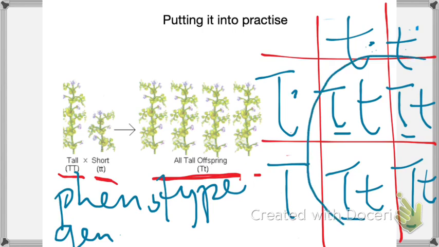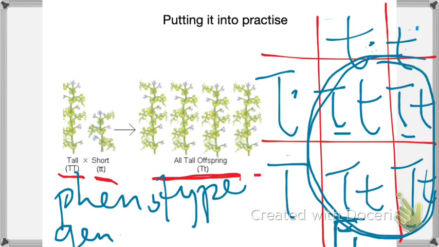Whenever we do a crossing, whatever our offspring are, these here will be termed our F1 generation. The F1 generation is what we get after we cross two sets of parents, right? Good. Our genotype is what we have as our alleles within our genes, right? Our phenotype is what we observed.